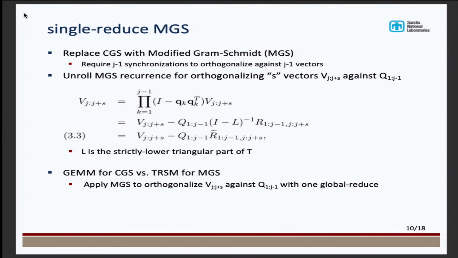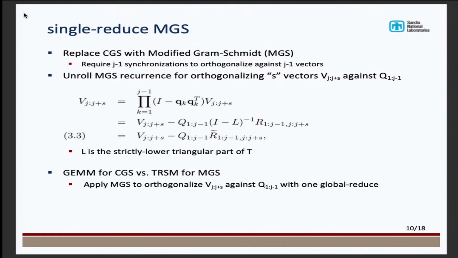Right. So another way to improve this stability is to replace this CGS with modified Gram-Schmidt, which is more stable. But the standard algorithm for modified Gram-Schmidt will require at least J-1 synchronizations to orthogonalize against J-1 vectors.